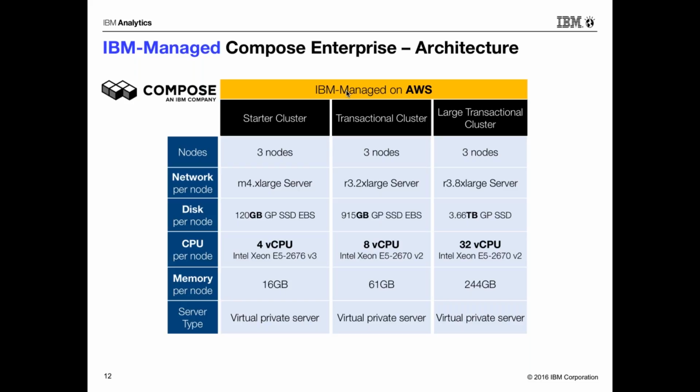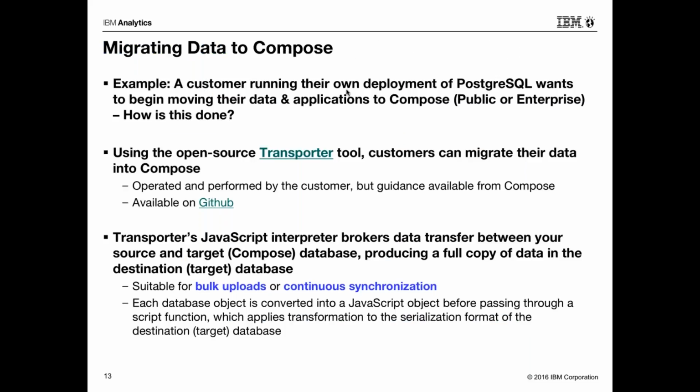For transactional, it's R3 2x large servers, and for large transactional, it's R3 8x large servers. 4 CPU versus 8 CPU versus 32 CPUs, and everything is virtual private servers. So if an organization wants to provision Compose on an AWS environment, this is the recommended infrastructure.